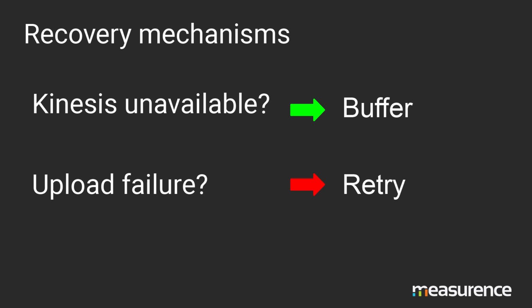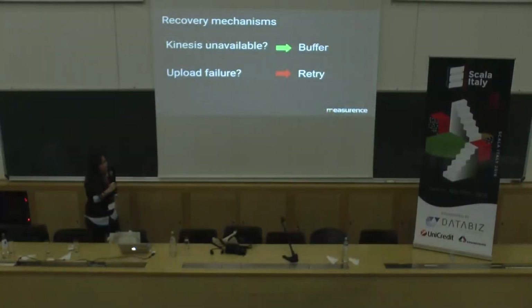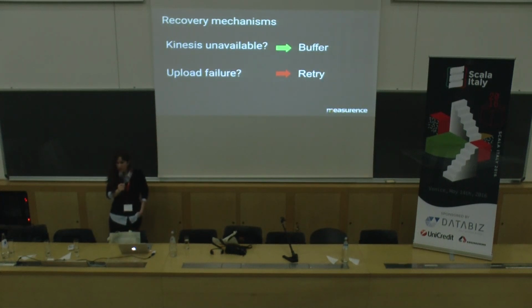Well, in order not to lose data when Kinesis was unavailable, we might have implemented a buffering system in which unsuccessful messages were stored and retained for later use. In this case, this buffer might also have been periodically emptied by writing the data on disk if it fit.